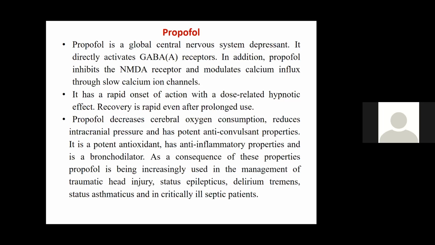So basically, it generally depresses the CNS. As you know, glutamate and aspartate tend to stimulate the CNS function. It has rapid onset of action, just like thiopental, with rapid recovery.